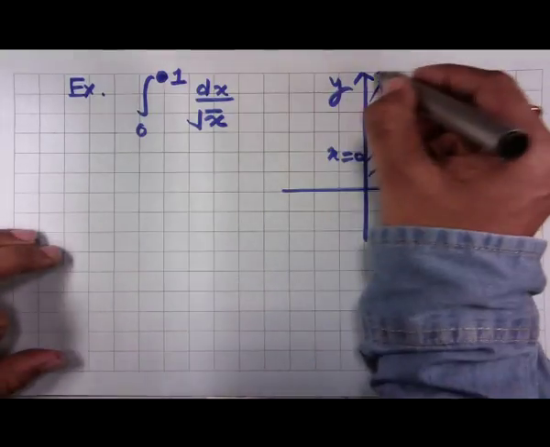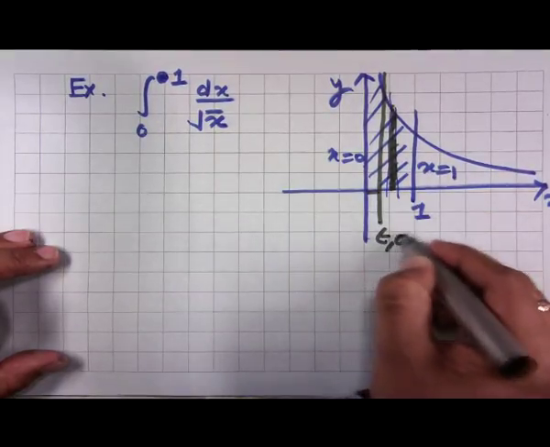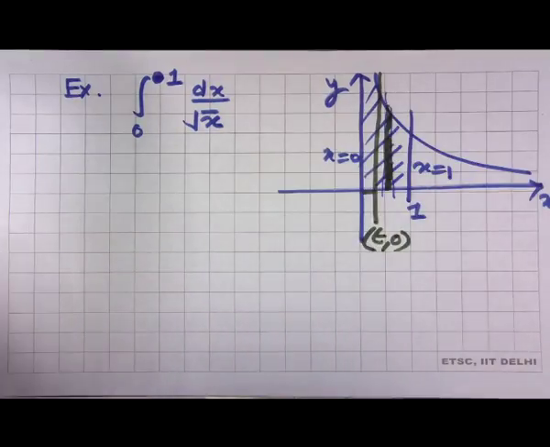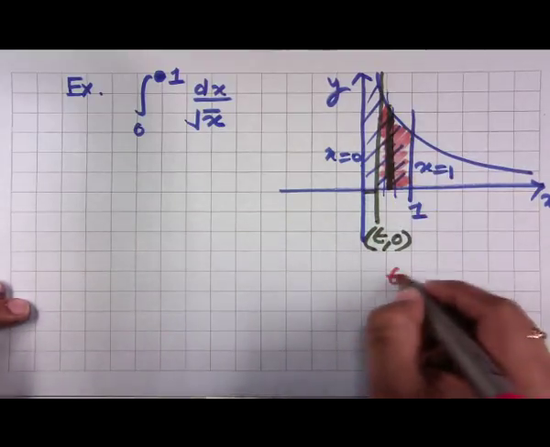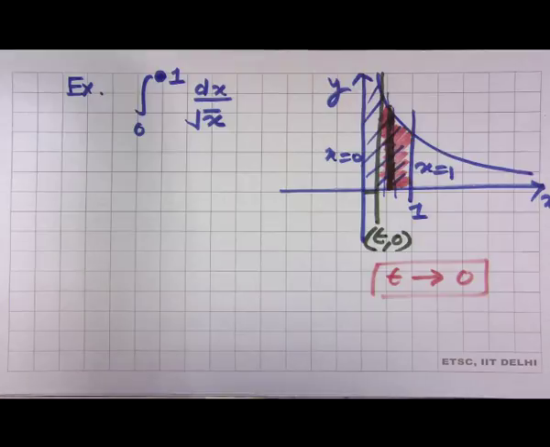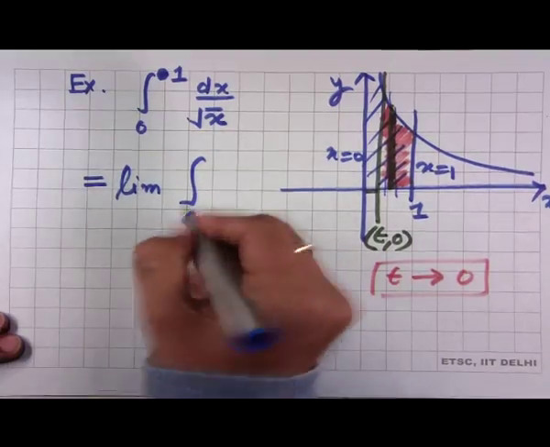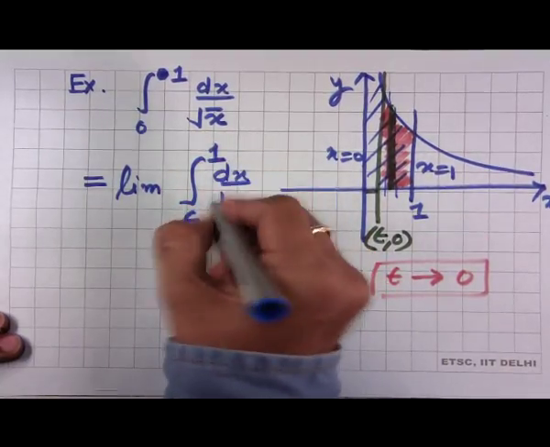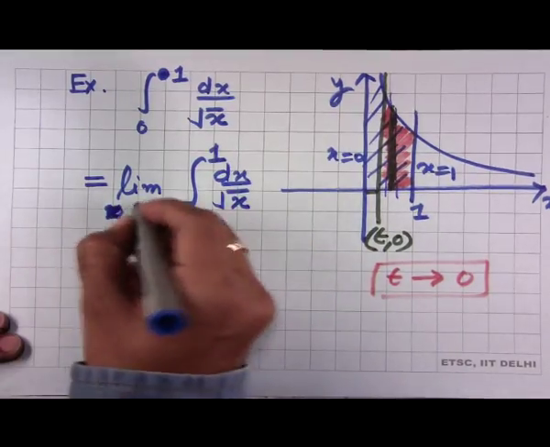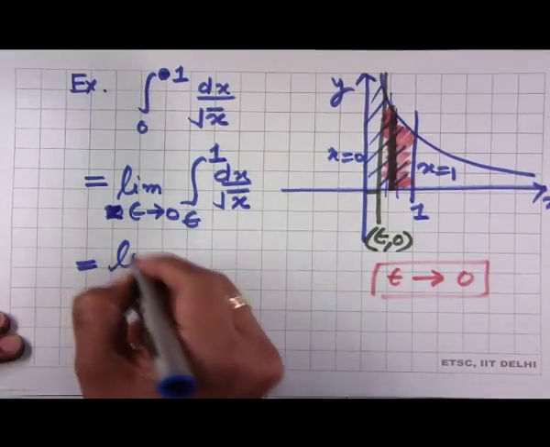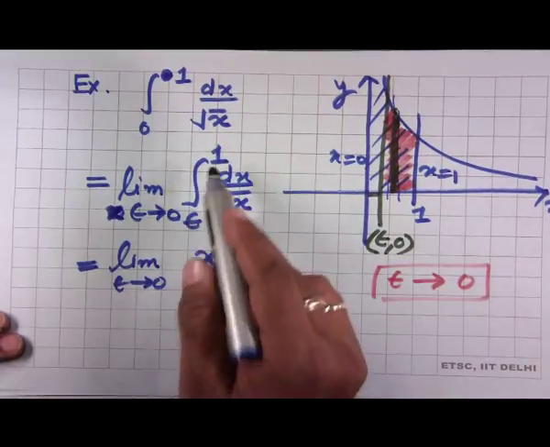So, the idea is the same. Again, we assume, say, this is epsilon comma 0, and then we evaluate this area, and then we take the limit as epsilon tends to 0. So, for that we write this integral as epsilon to 1 dx over root x, as epsilon tends to 0. So, this is equal to the limit as epsilon tends to 0. Now, 1 by root x is continuous on the closed interval epsilon to 1.